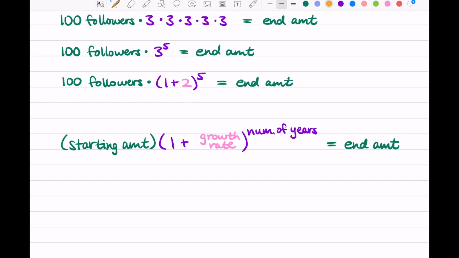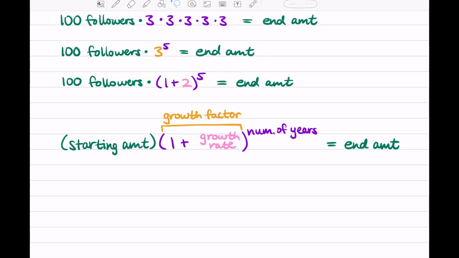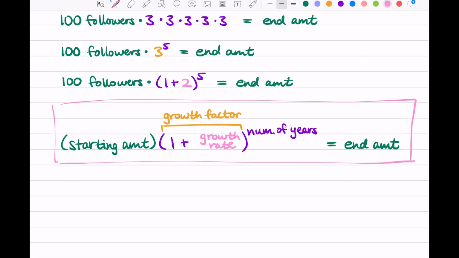And as we mentioned before, our number in parentheses is called the growth factor. That growth factor would be our number 3 above. So this equation that we have here, we call this the exponential growth model.